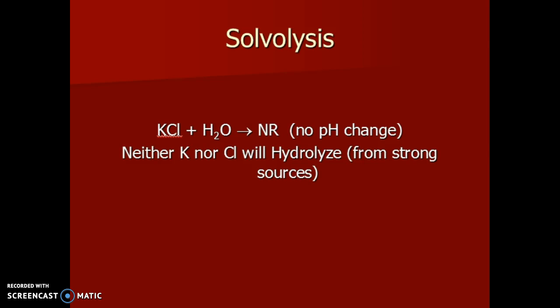The same is true for the chloride ion. If the chloride ion hydrolyzes with water, it will pull off a hydrogen from water, forming HCl. HCl, being a strong acid, dissociates to 100% and therefore does not form. So neither component of KCl will serve to change the pH of the solution.